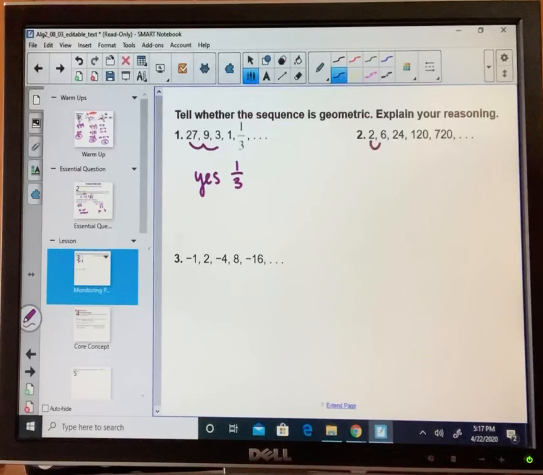This one, I'd say no. Because what's happening is I'm going times 3, times 4, times 5. So this is, no, it is multiplying, but it's not geometric because this is not constant.